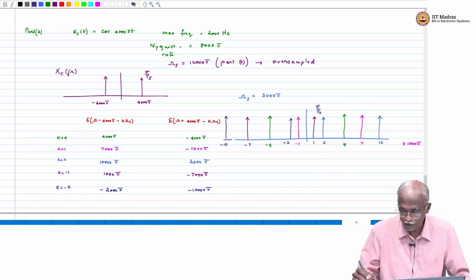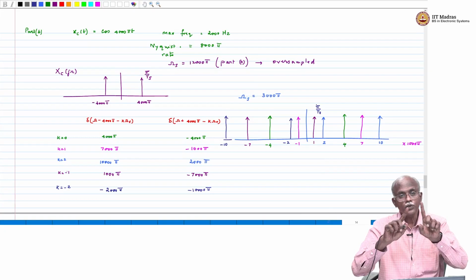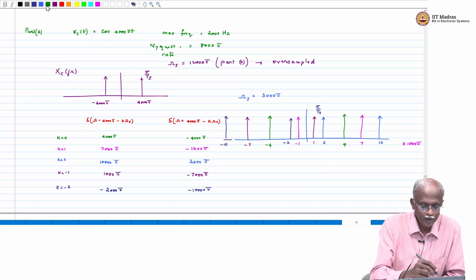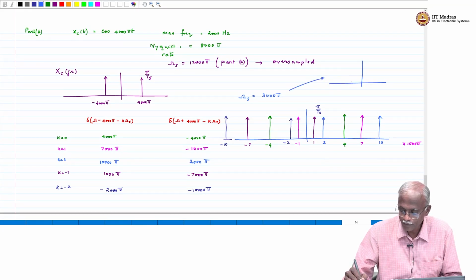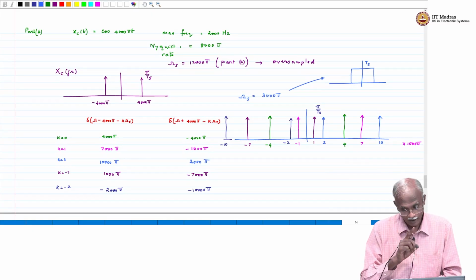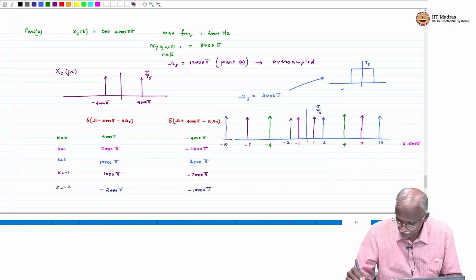Okay, no issues. Now, when you want to do the reconstruction, remember what was the definition of the reconstruction filter? If this is your omega s, the reconstruction filter will be an ideal low pass filter with a height equal to Ts, and it will go from minus omega s by 2 to omega s by 2.